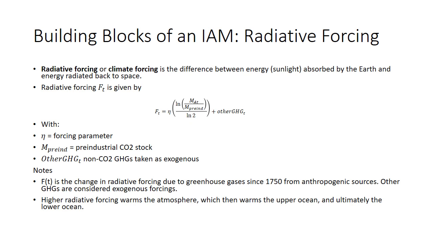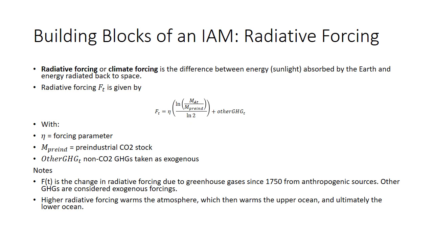It's a forcing parameter, which you can find in the Excel spreadsheet. And the log of the ratio of the atmospheric concentration of CO2 to the current day atmospheric concentration of CO2, MAT, over the pre-industrial CO2 stock. How much have we increased relative to pre-industrial times? Plus the other greenhouse gas emissions, things like methane.